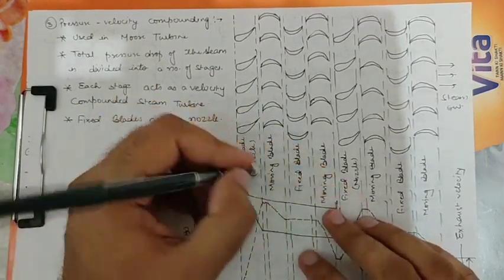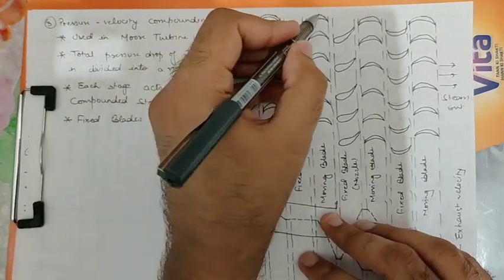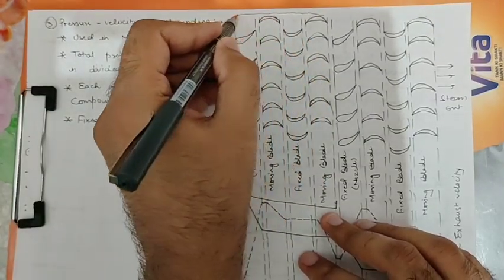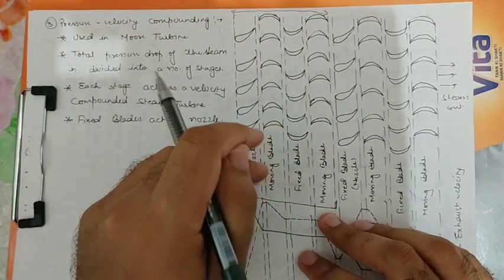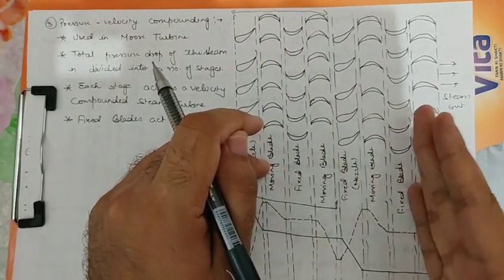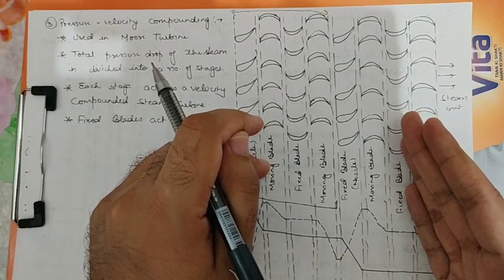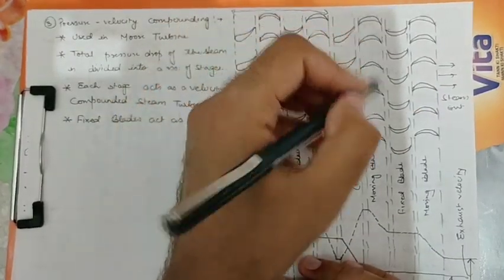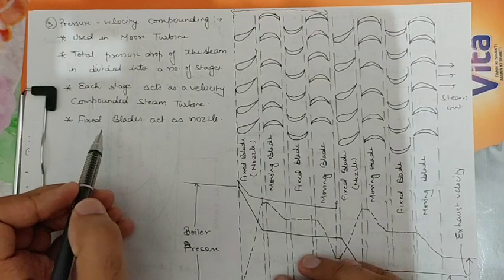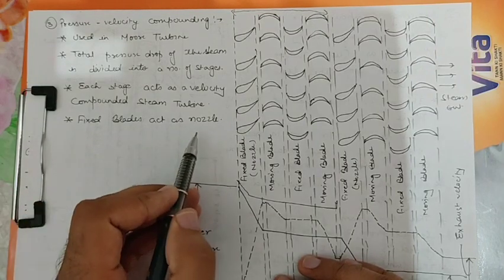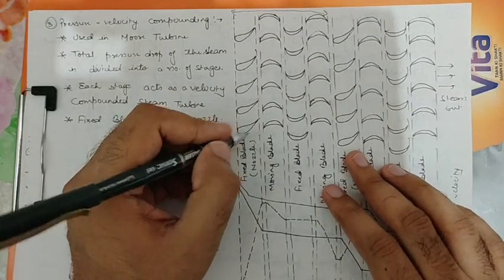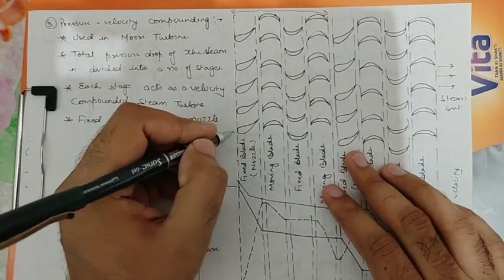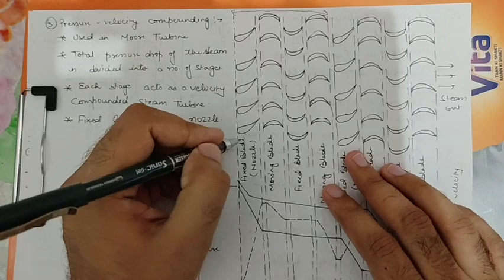And so this is called the first stage. You can easily see that this is a velocity compounded turbine. The next stage is again a velocity compounded turbine. So this is stage 1. Stage 2: the fixed blade acts as a nozzle, having an aerofoil shape. So these act as nozzles.